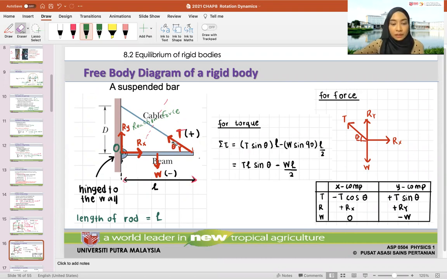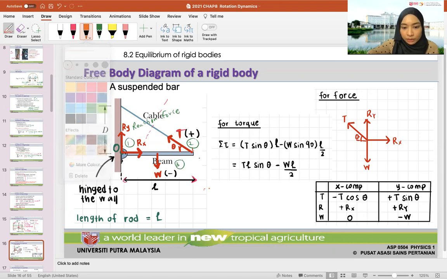Okay. So now let's recap what we have here. We have Ry, Rx at the axis of rotation. We have T, the tension of the string. We have the weight of the beam. And this is L. So, let's talk about the torque of each force. We'll call this number 1, this number 2, and this number 3.